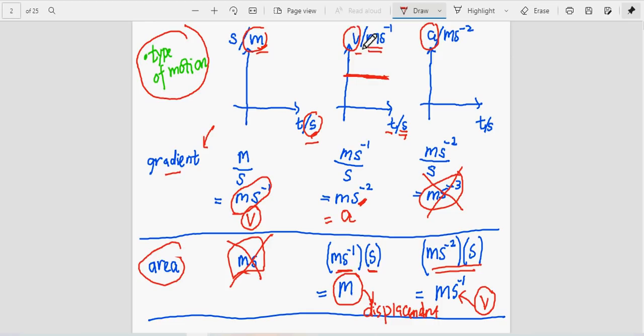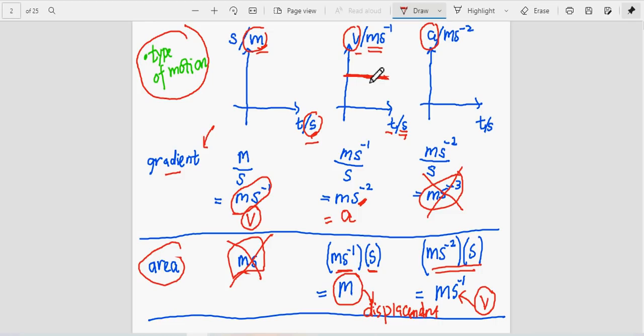You need to mention velocity is constant. Or if you want to focus on the gradient, which represents acceleration, you can say the gradient is 0, so the acceleration is 0. Boleh. So for this motion, you can write velocity is constant, or you write acceleration is 0.